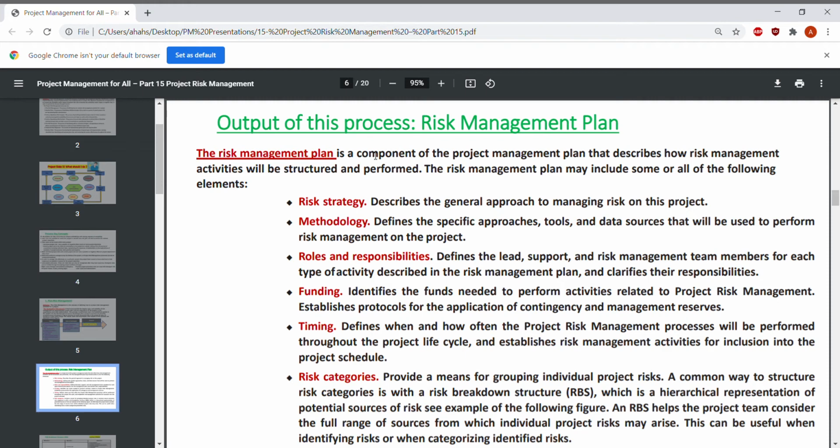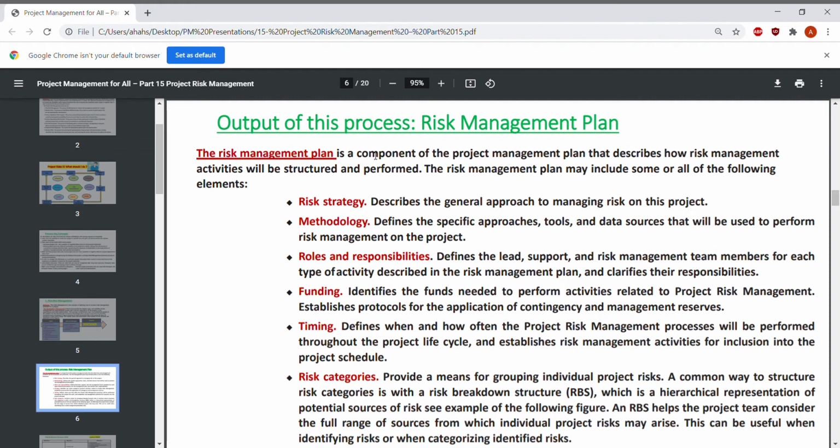The funding identifies the funds needed to perform activities. The timing defines when and how often the project risk management processes will be performed throughout the project lifecycle.